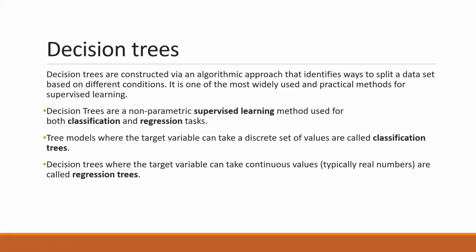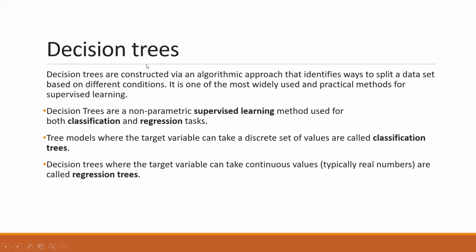Now these trees, as the second point says, are supervised methods which are used for both classification and regression. If it is a classification tree, it will always have some discrete set of values where we'll be able to classify things.